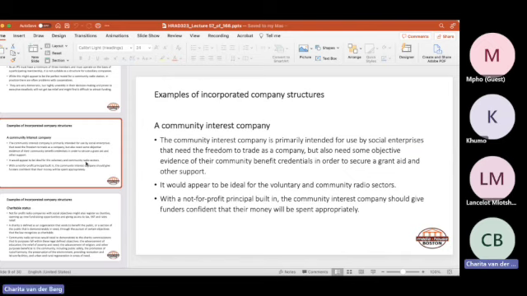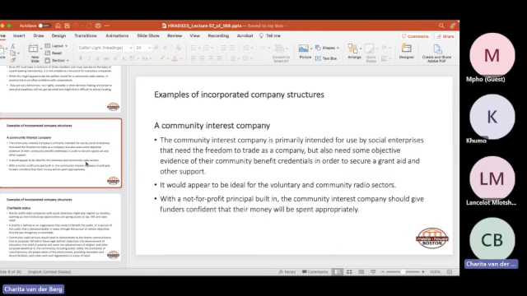So with government talking of additional tax benefits for community interest companies, any new community radio group looking for an appropriate legal structure would be well advised to look into the advantages of this specific model, okay, of a community interest company. So again, one that's being used more in the UK. And one station is using this structure in a more sophisticated way to enable more autonomy for different geographical areas.